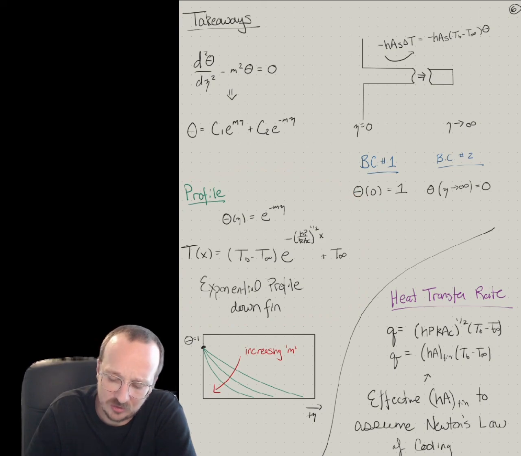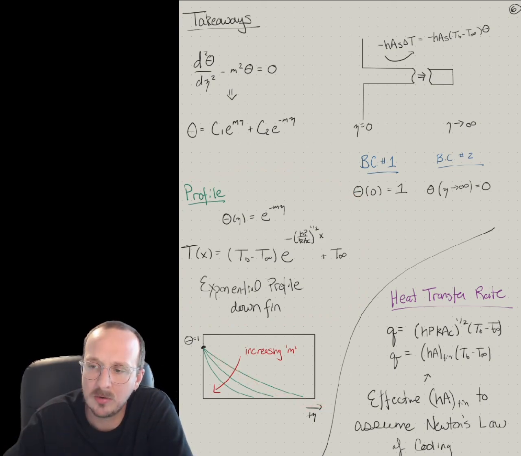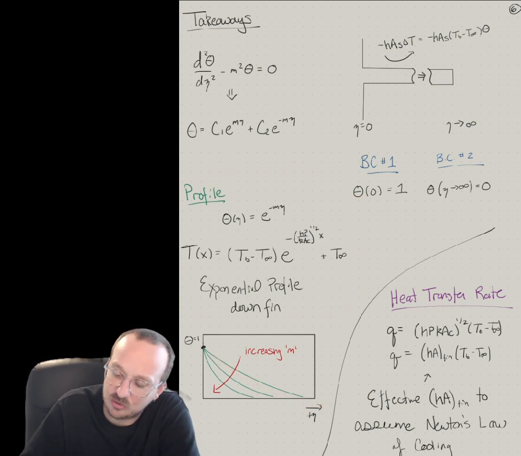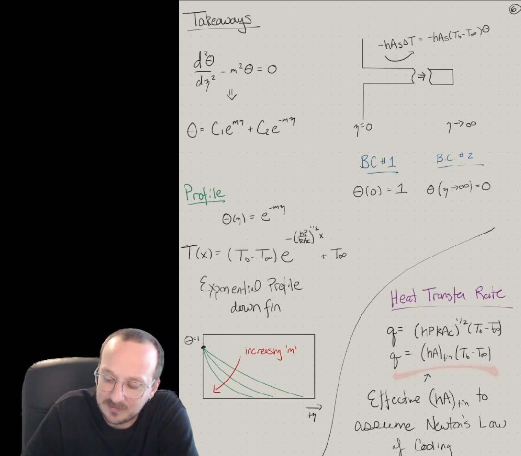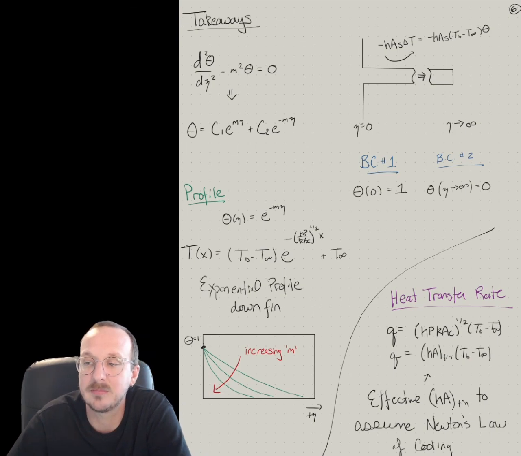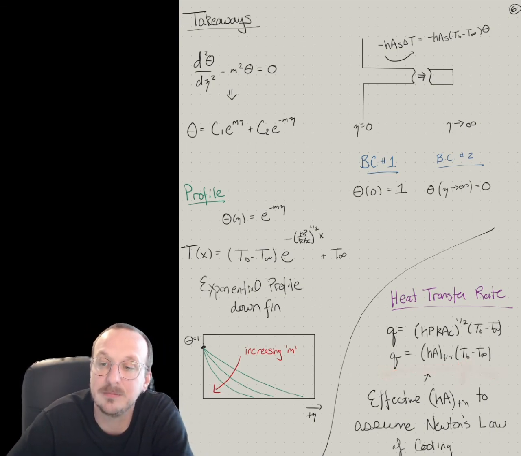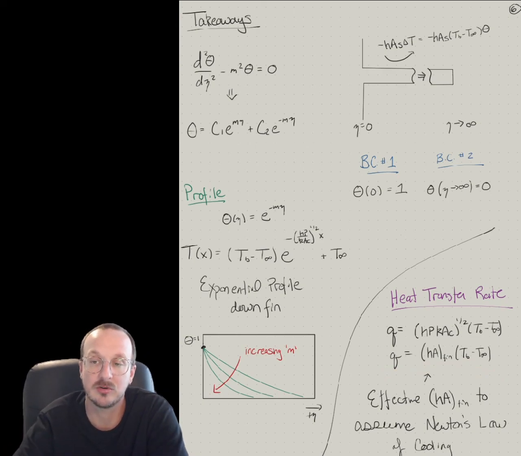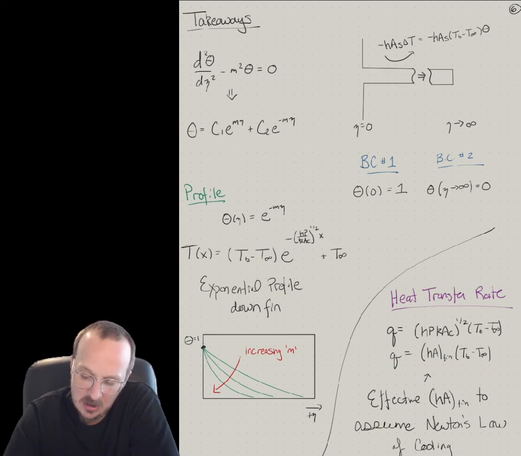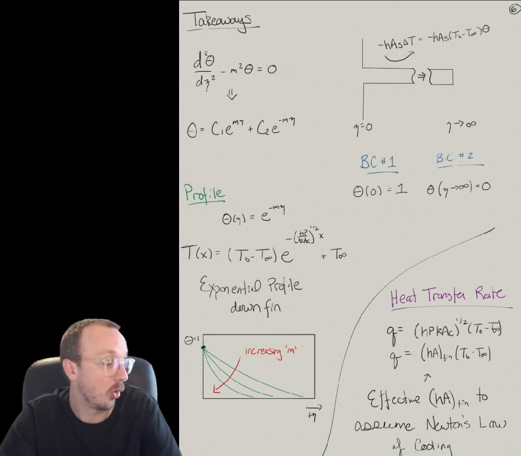The temperature never changes at the tip because it's infinitely long. And the heat transfer rate looks just like Newton's law of cooling, but we've got an effective hA term to account for the fact that the entire fin isn't at the base temperature. So it's an effective Newton's law of cooling if you just put in Tb as your temperature difference. So that is the solution for an infinite fin.